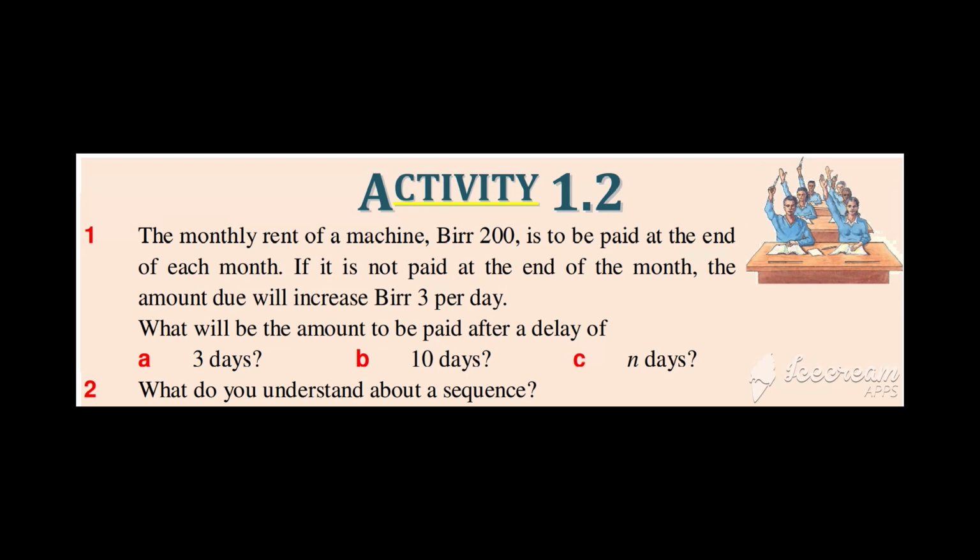If it is not paid at the end of the month, the amount due will increase per 3 per day. What will be the amount to be paid after a delay of A. 3 days, B. 10 days, C. N days?